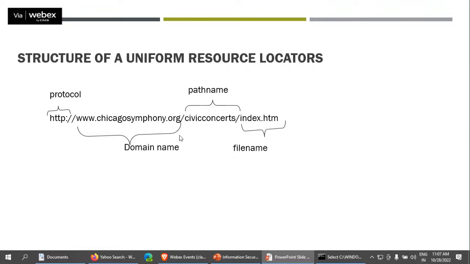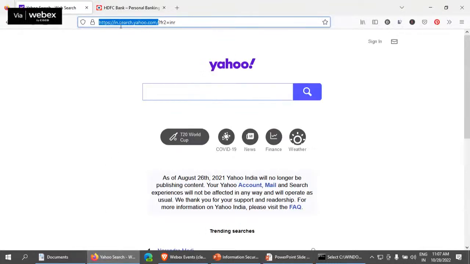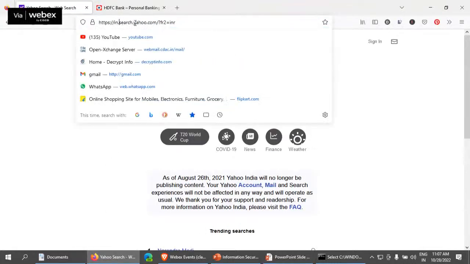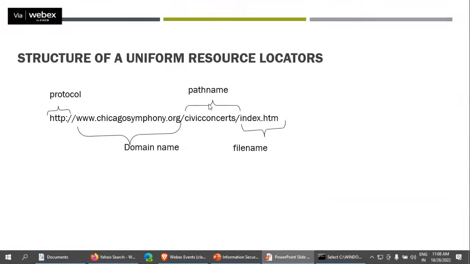Here in yahoo.com, it is written .in.search.yahoo.com. The .in means that it is an Indian website, an Indian domain. Sometimes there are domains named .org, which means it's an organization.